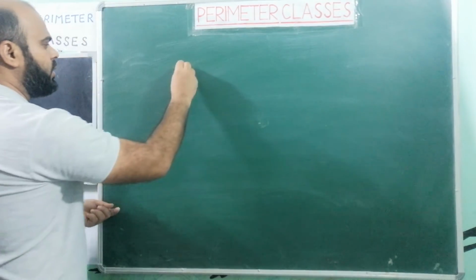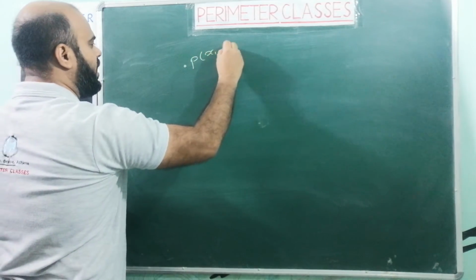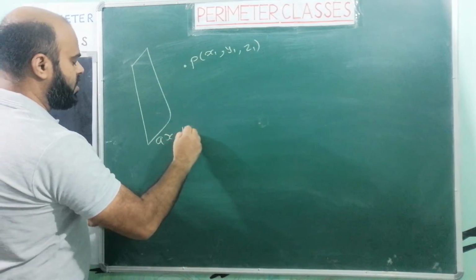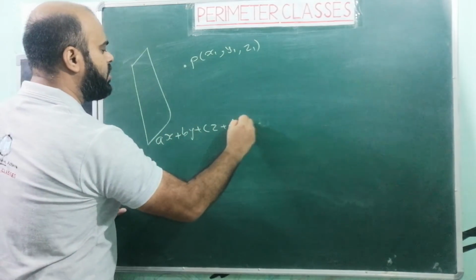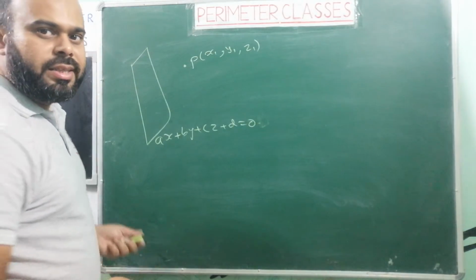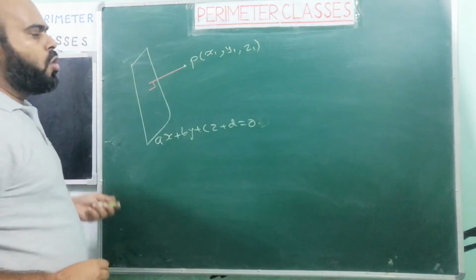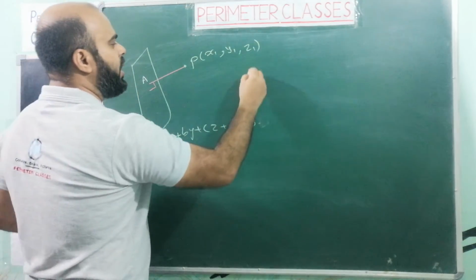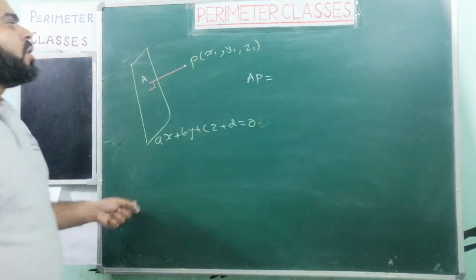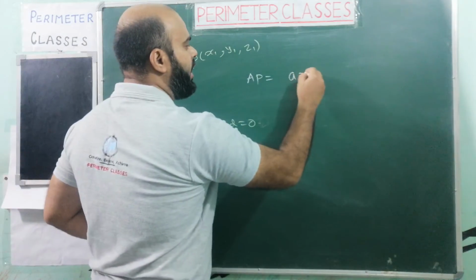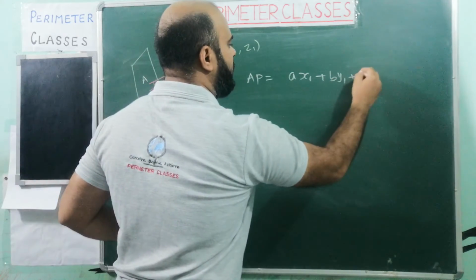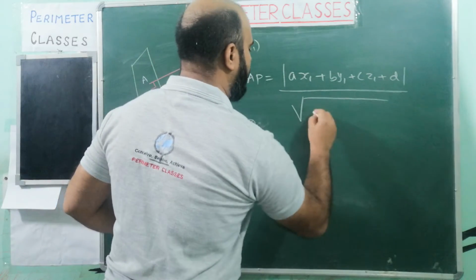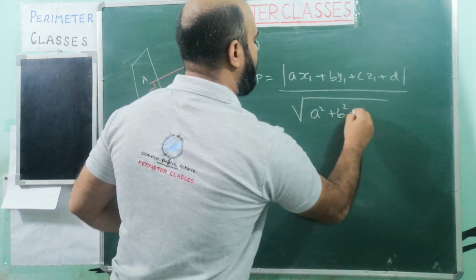If there is a point x1, y1, z1, and there is a plane ax plus by plus cz plus d equal to 0, then the length of the perpendicular on this plane from this point, AP, is simply: substitute x by x1, y by y1, z by z1 in the plane expression, take a mod of all this, divided by root over a square plus b square plus c square.